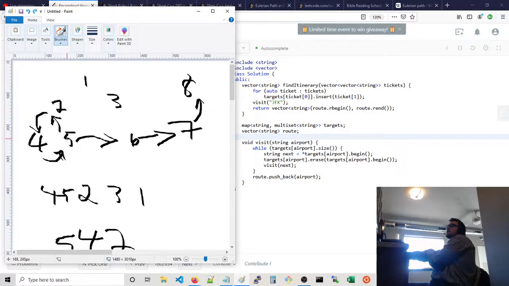The other portion, let's say we started at 1 and we went to 5, and we do this post order. This 6, 7, 8 is actually going to come after the other parts.